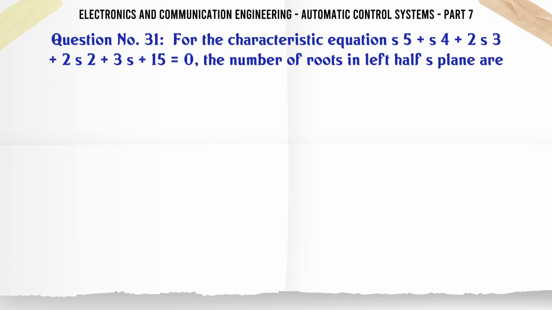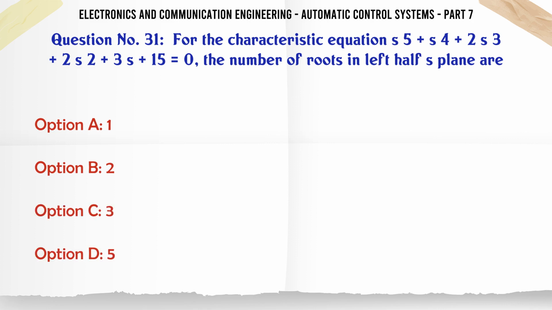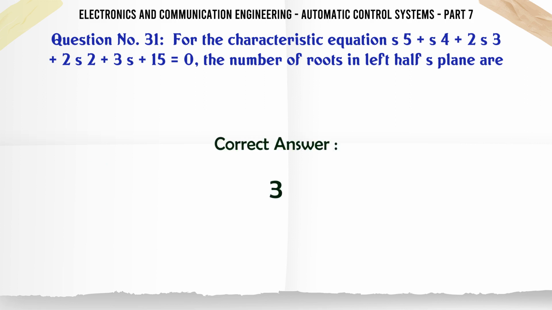For the characteristic equation S^5 + S^4 + 2S^3 + 2S^2 + 3S + 5 = 0, the number of roots in left half S-plane are A. 1, B. 2, C. 3, D. 5. The correct answer is 3.